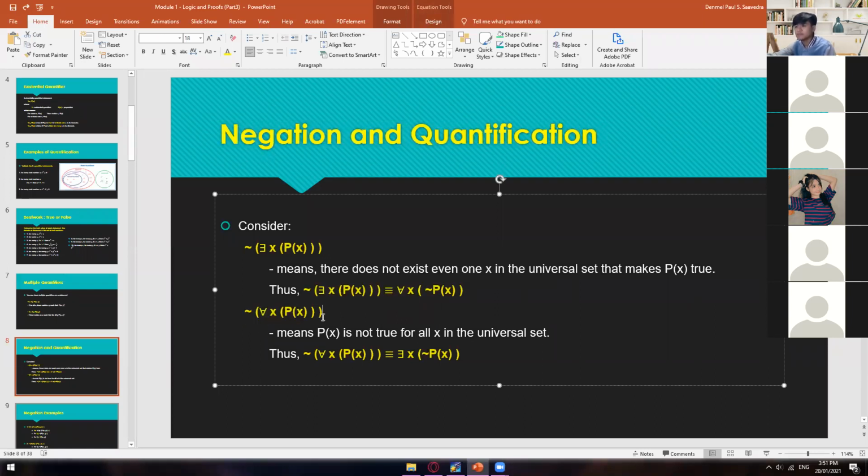The same with this one: P of x is not true for all x in the universal set. If you distribute this, the universal becomes existential, and P of x becomes negated P of x. Can you follow so far?